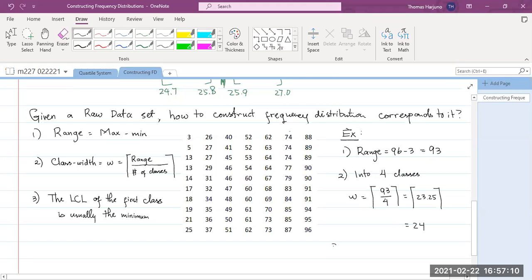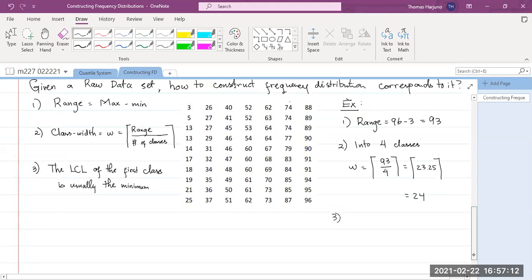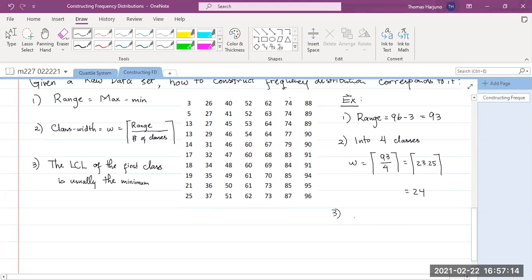So in our step 3 here, when we construct our frequency distribution, the minimum is 3, right? That will be the lower class limit of the first class.